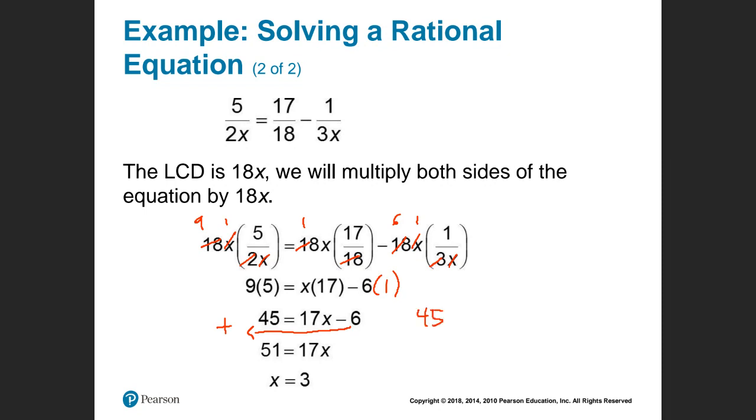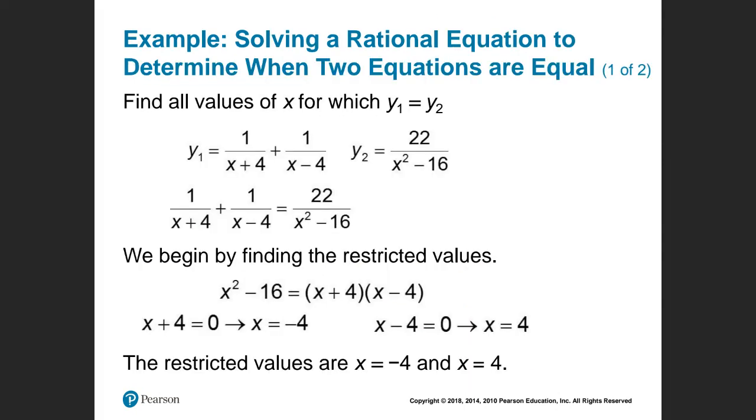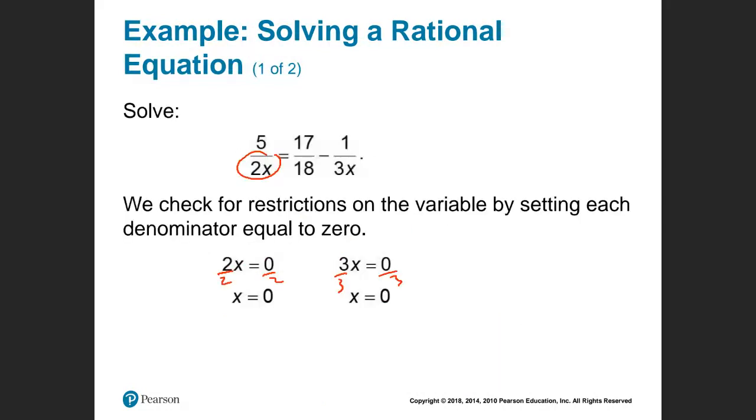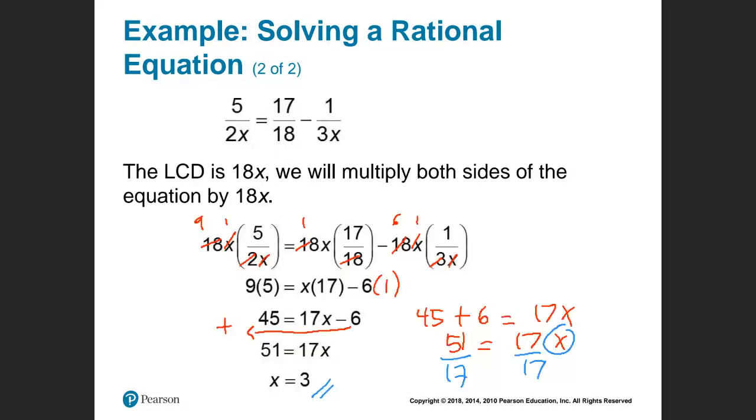So 45 plus 6 equals 17x. 45 plus 6 is 51, equals 17x. Our goal is to find x, so we divide by 17 on both sides. So x equals 3. This answer is okay because the restriction is x equals 0. So we got the solution: x equals 3.